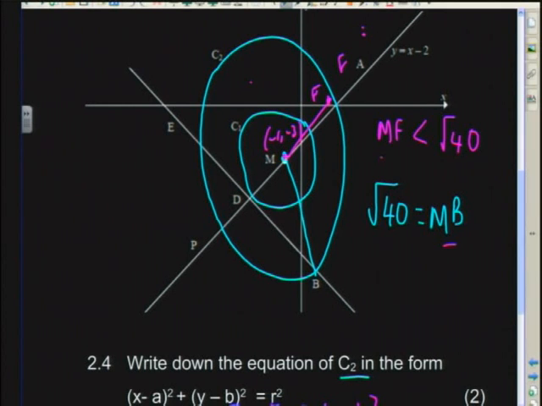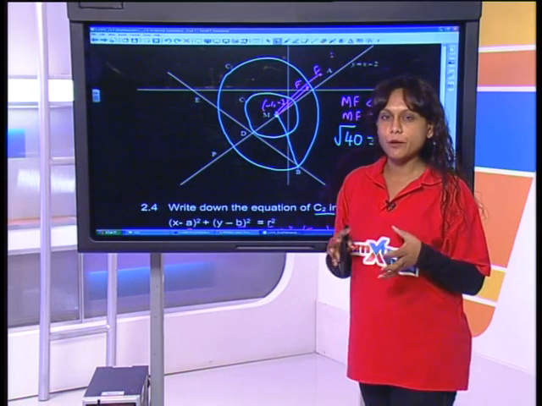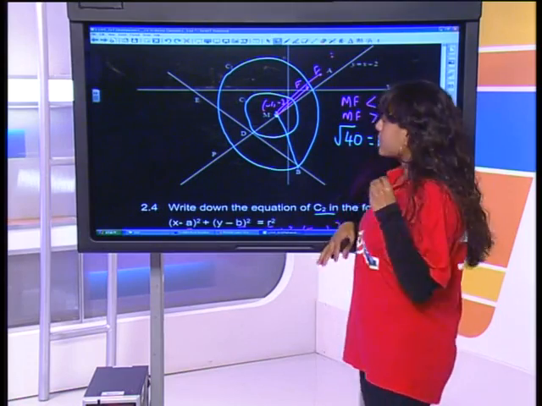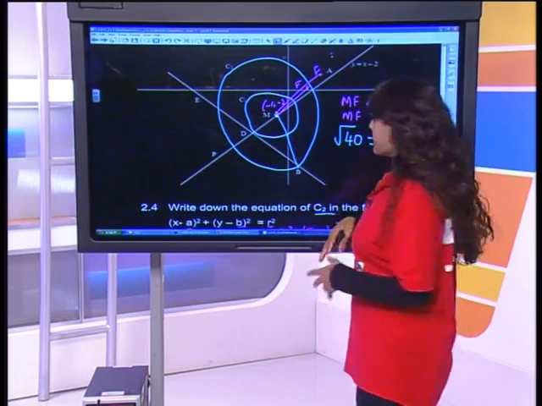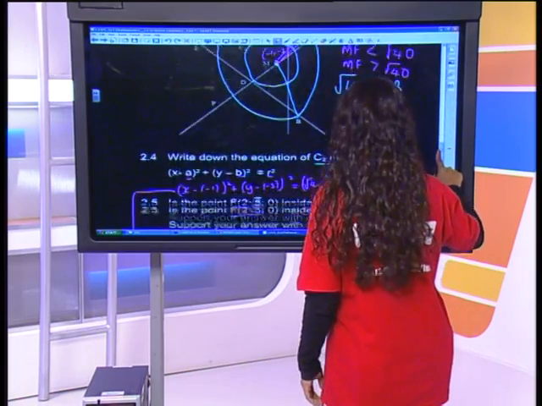If, however, the distance MF is greater than the radius, then F is going to be outside the circle. That's the concept we're going to use. We just need to work out the distance from M to F and then decide.